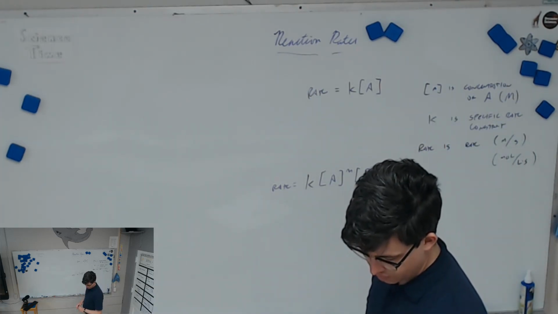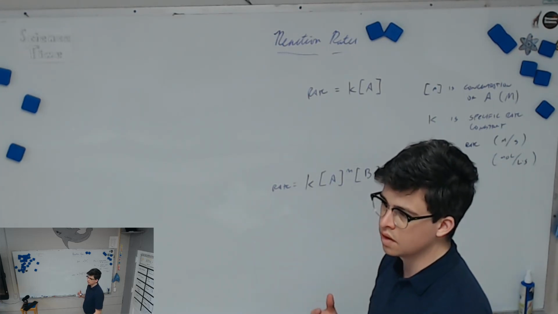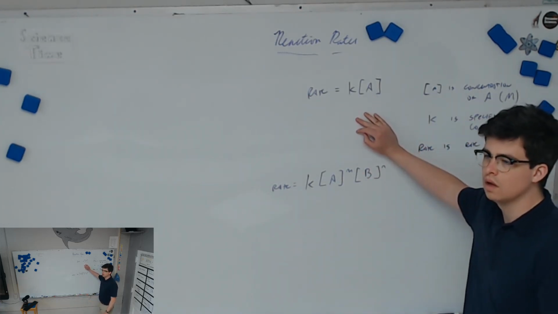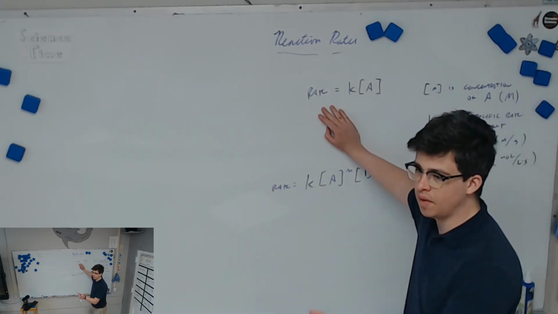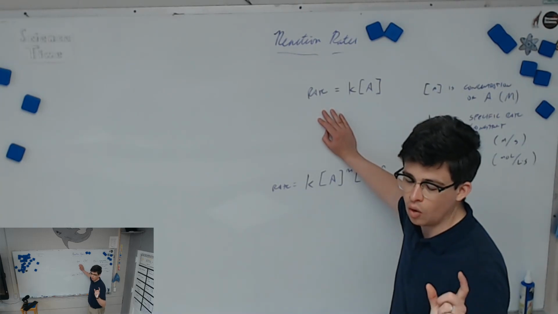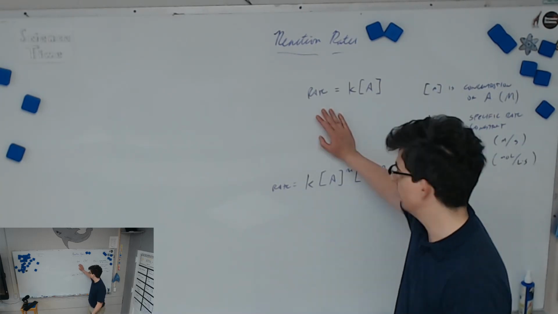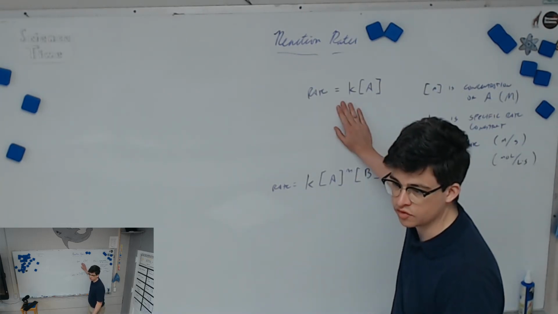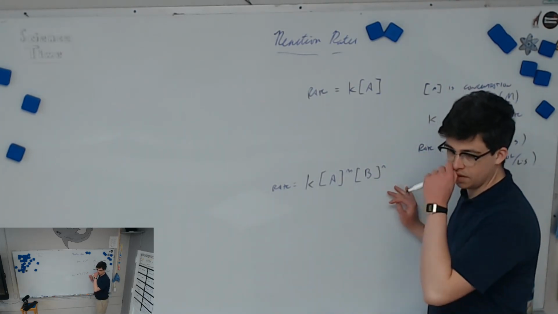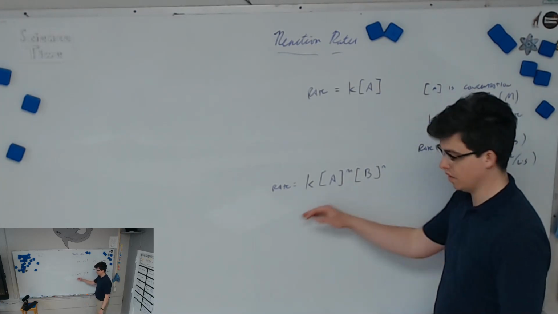Even if it's two things combining to make a new thing, sometimes only the concentration of one of them matters. If that's the case, we still use what we call the first order rate law. If it's any other order, which means more than one thing makes a difference, we have to use this one.